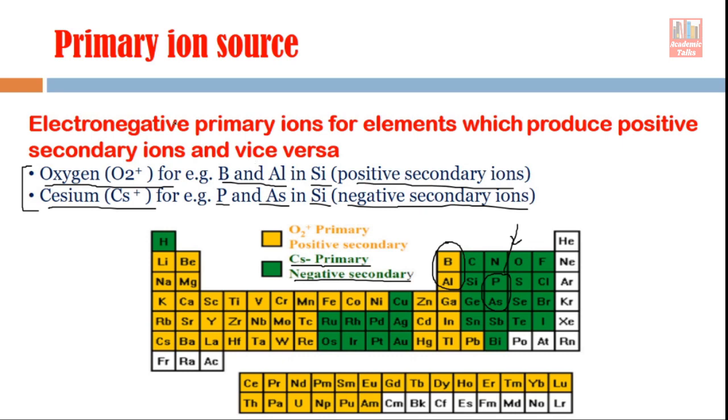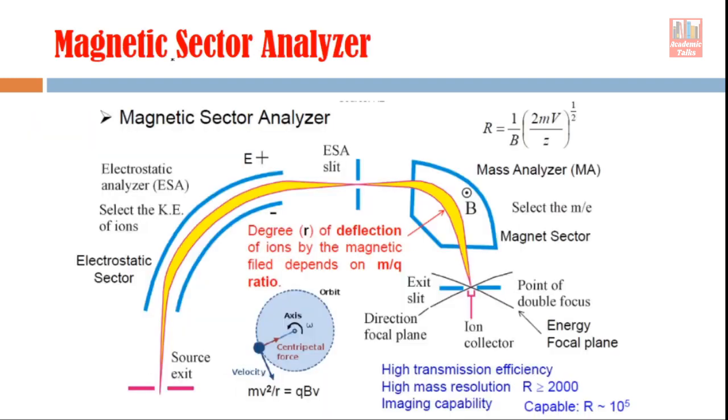Now having some idea about the type of primary ion source, let's move to another important sector in the case of SIMS, and that is the mass analyzer. So you know that there are three different kinds of mass analyzers possible. First we will talk about this magnetic sector analyzer.